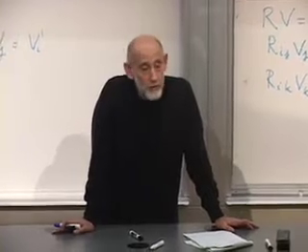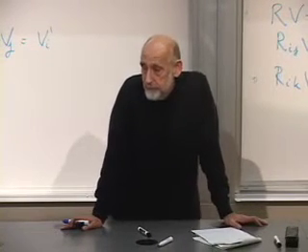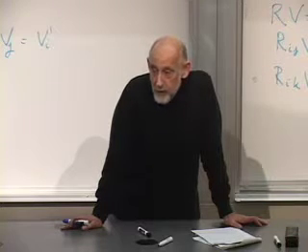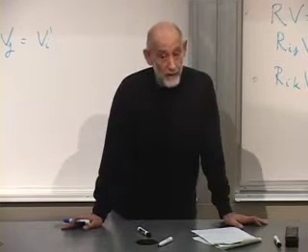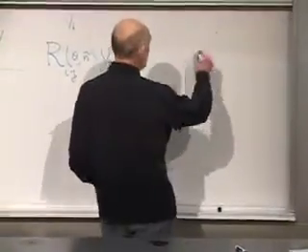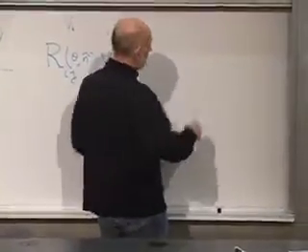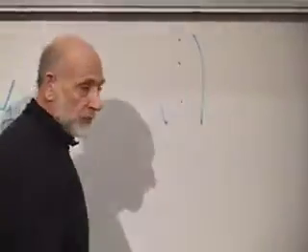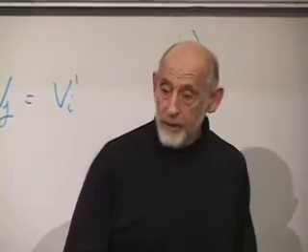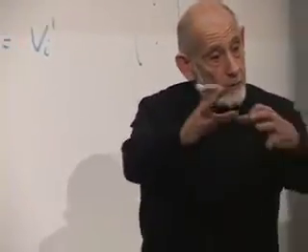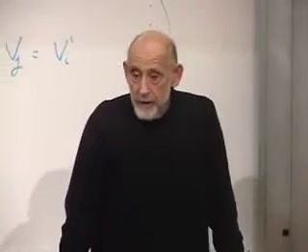How many states does a spin 1 particle have? 3. What does it mean to take the state of a spin? That means that a spin 1 particle, nothing but the spin of it, can be described by a column vector with 3 entries representing the amplitude for any one of the 3 states of the spin. Supposing you want to rotate that spin.